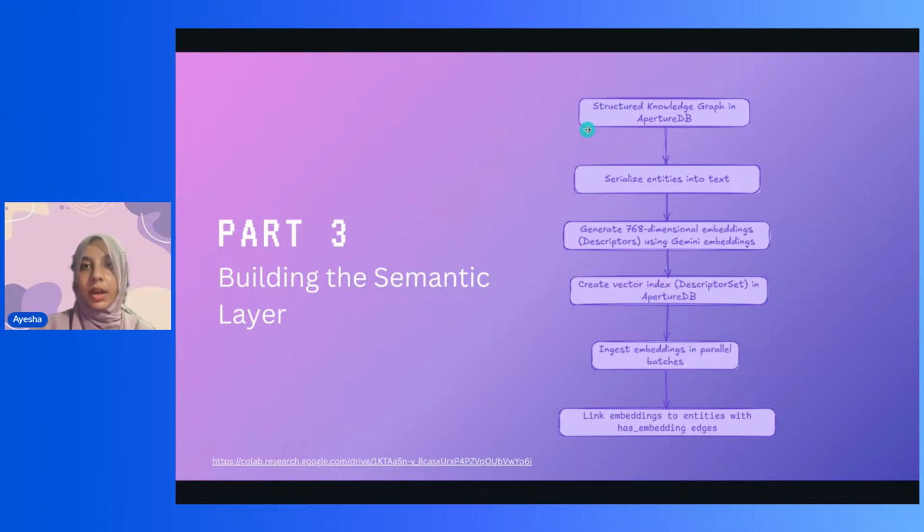So what we do is serialize the entities into text. For each entity, we take all of its properties that have been defined, and we create text documents. Each text document is basically an entity with all of its properties. Then we create embeddings for each of these documents.